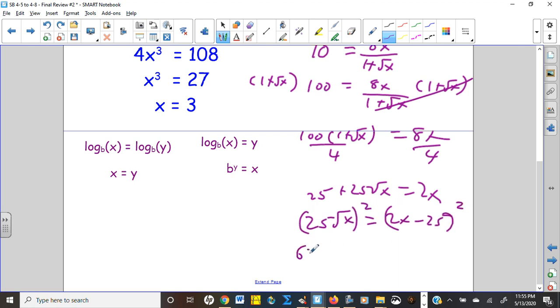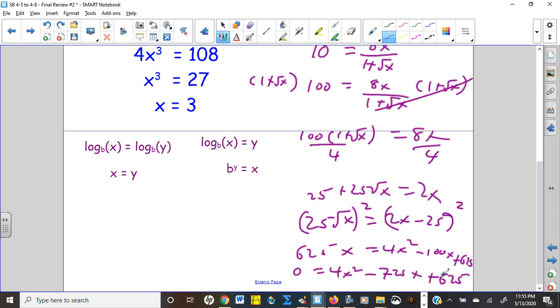You get 625x is equal to 4x squared, that'd be minus 50, so minus 100x plus 625. Now you could subtract your 625 over, and now you're finally set equal to 0, aren't you? So 4x squared minus 725x plus 625. So there you go.